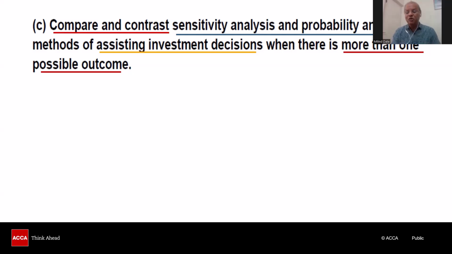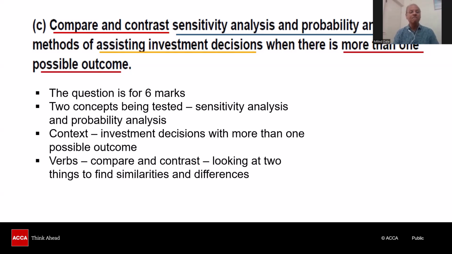And when it comes to number of marks, this was available for 6 marks. So you should have made 3 points and developed them very well. So before you start putting in your answer, look at 2 concepts that are getting tested, the context for that and the verb that is used.